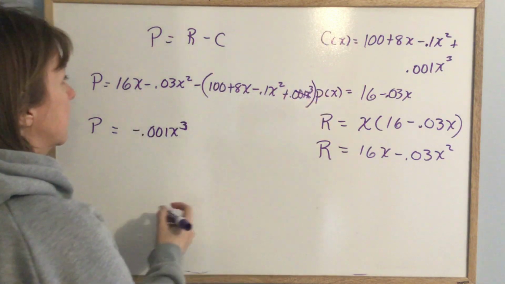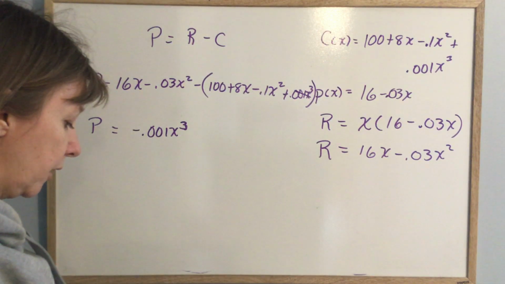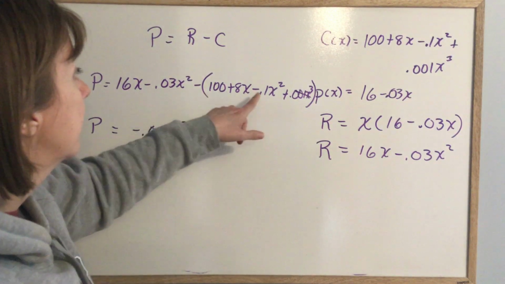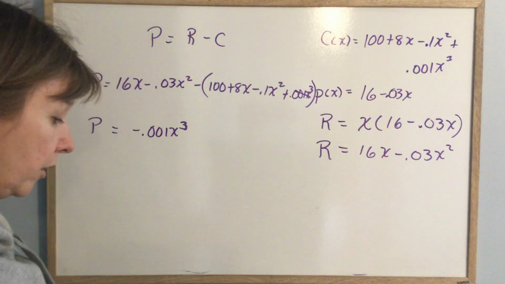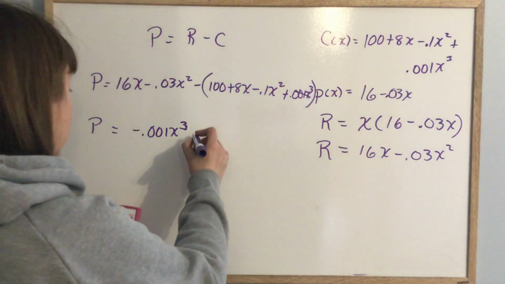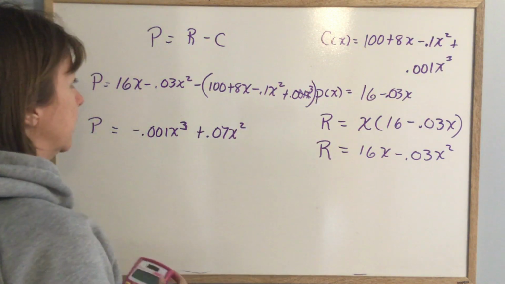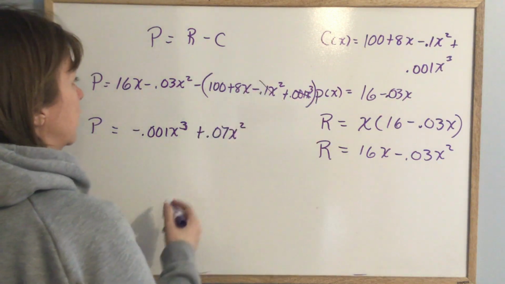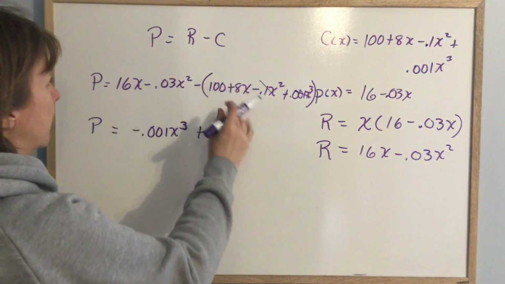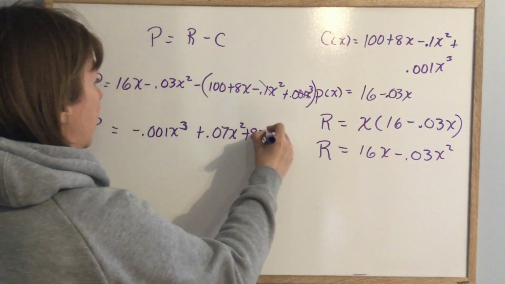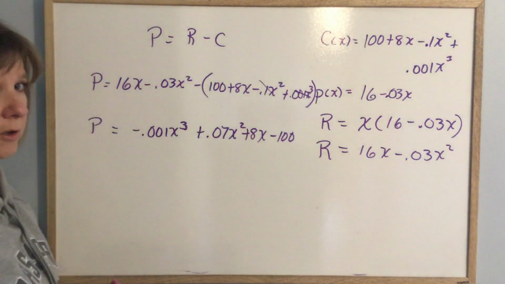Negative 0.03x squared minus negative 0.1, so really plus 0.1, that is plus 0.07x squared. And then I have 16x minus 8x, which would be plus 8x, and then I have minus 100. So there's my profit formula.